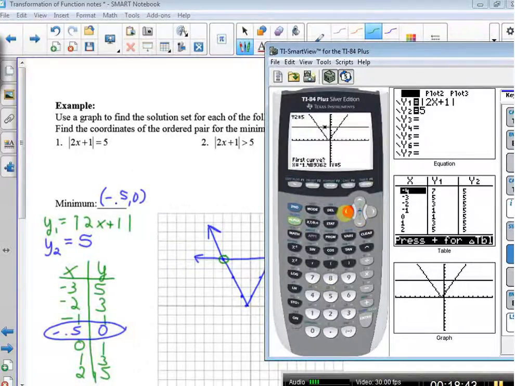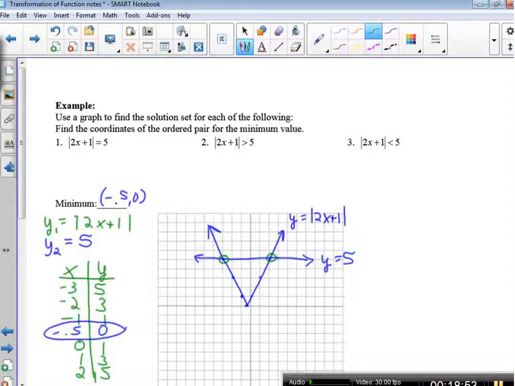I'm going to bring the cursor over and hit enter, enter, enter. I do not need it to be on the intersection. So my two intersections are 2 and negative 3. That's what I thought they were. So this is 2, and this one is negative 3. And I don't really care what the y coordinates are. They're not going to help me answer this. So for this first answer, we get x equals negative 3 and 2.